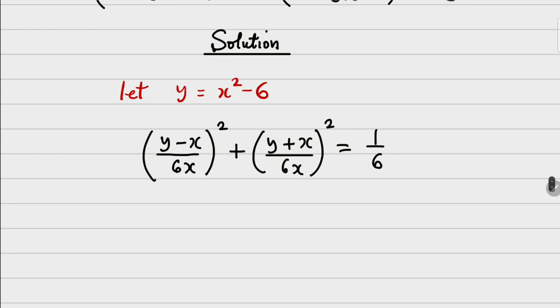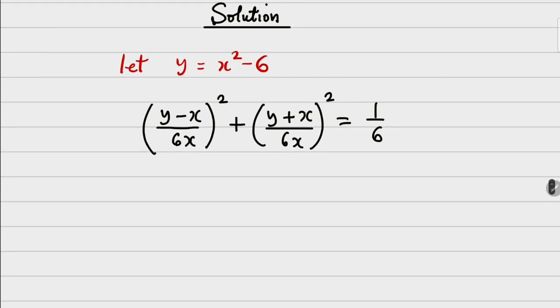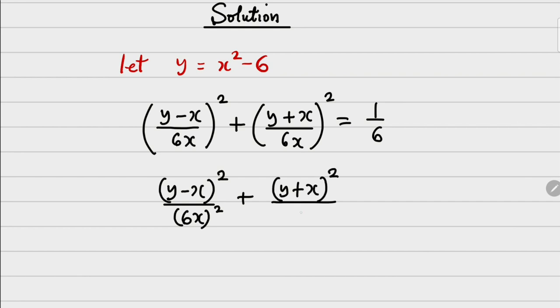All right, now having it that way, I can have it as y minus x all squared all over 6x all squared, then plus y plus x all squared all over 6x all squared is equal to 1 over 6.